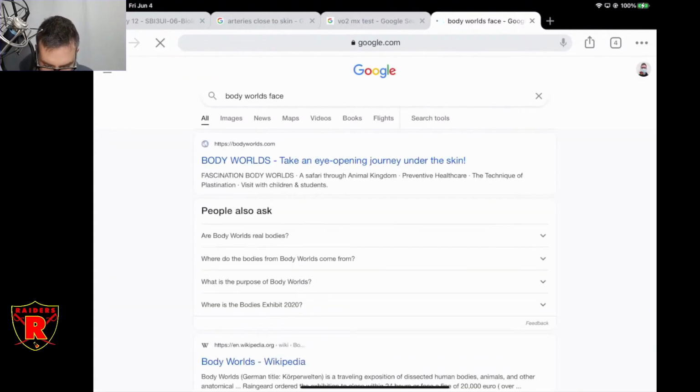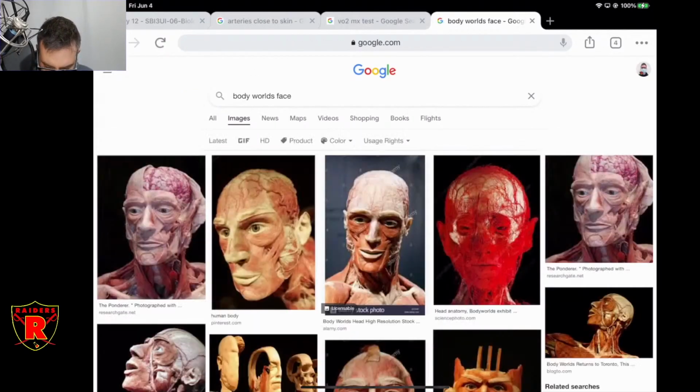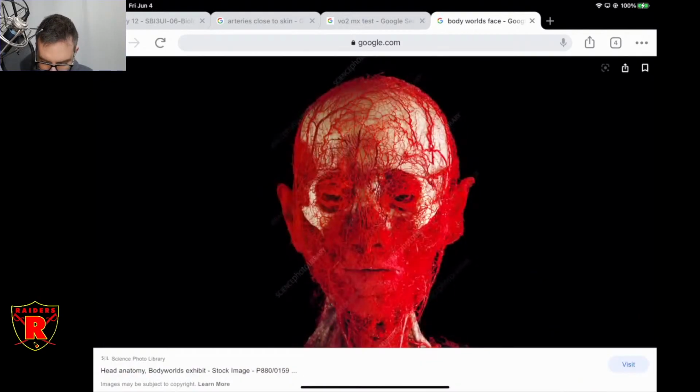The face would probably be the right image. Yeah, there it is. There's the face one. So this is just the larger capillaries, or the larger sort of arterioles that are running through the face. You can't really see the capillaries because they're so fine and so tiny that they basically get destroyed in this process. So here we're not even looking at the finest, tiniest vessels. We're just looking at sort of like the arterioles that are leading to the capillaries.